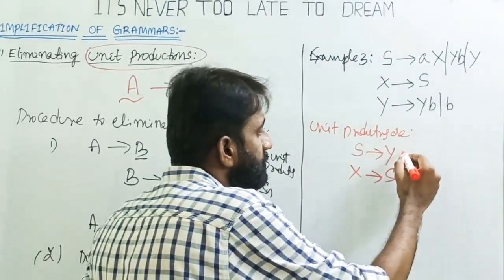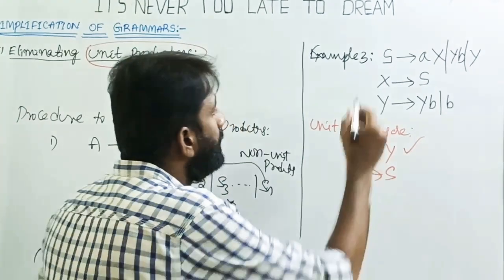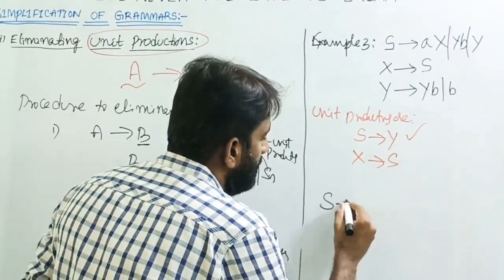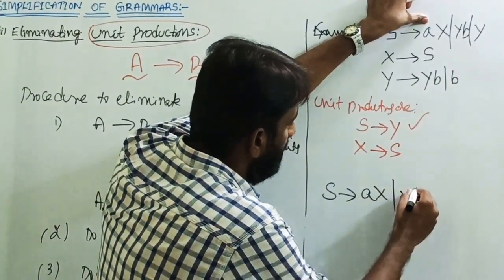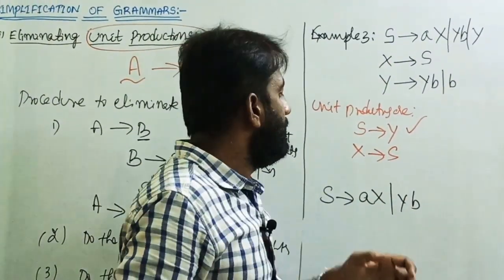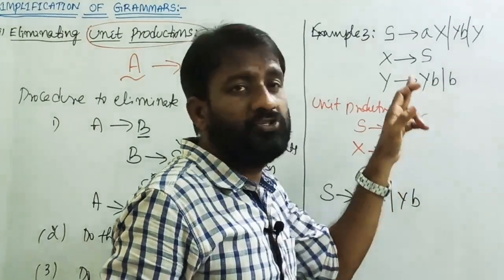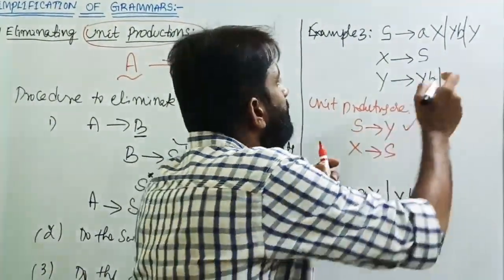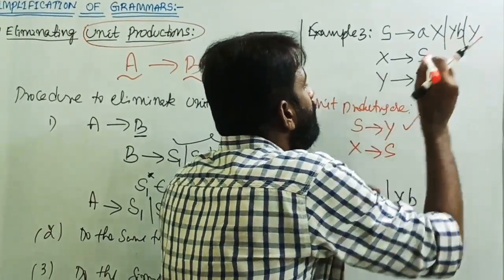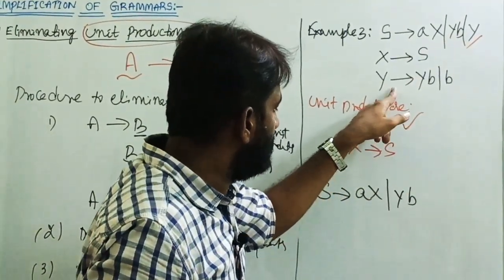First consider S tends to Y. S tends to AX slash YB. Then add Y's non-unit productions to the S production, because we are removing Y from this. What are Y's non-unit productions?